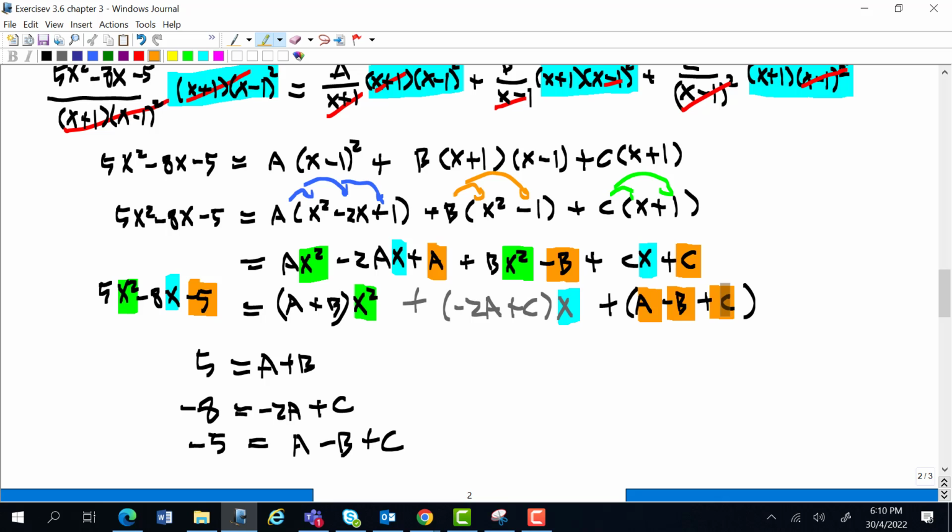So you have 3 equations, 3 unknowns. So how do we find the 3 unknowns? There are a, b, and c. This is equation 1, equation 2, equation 3.